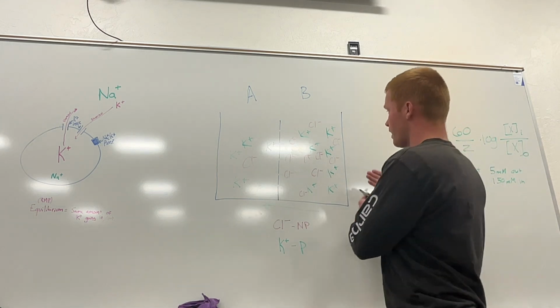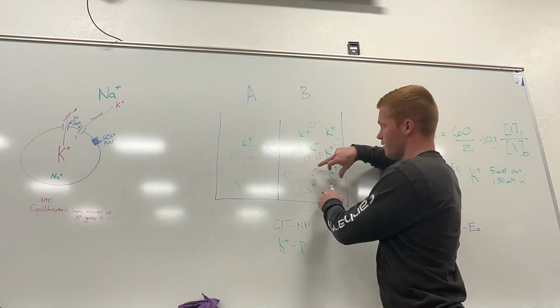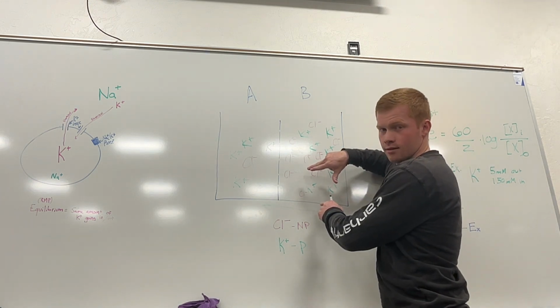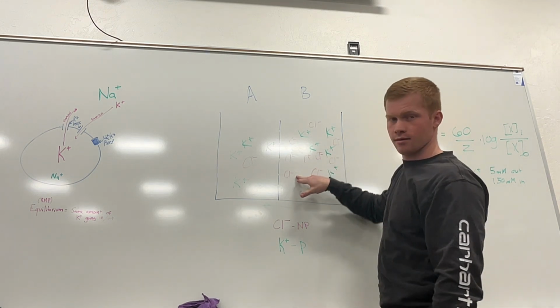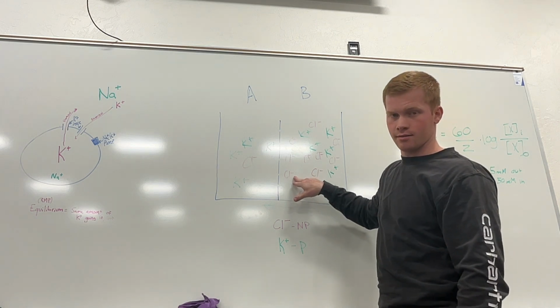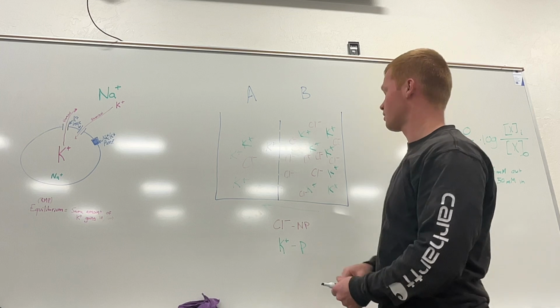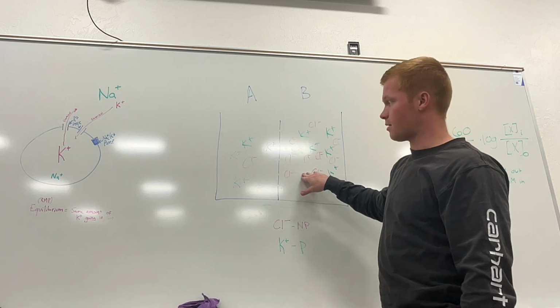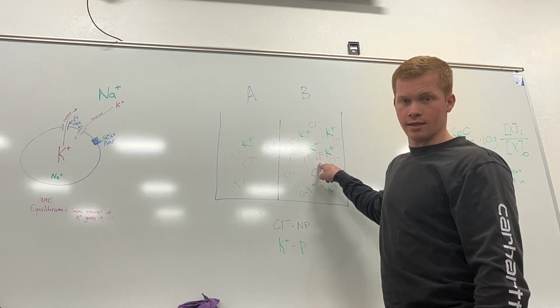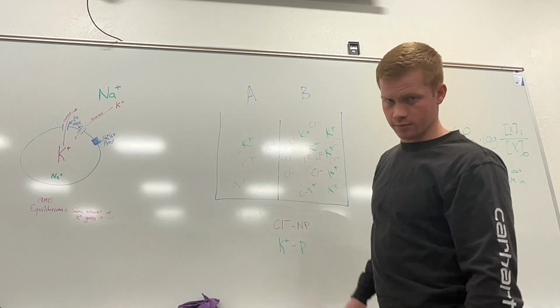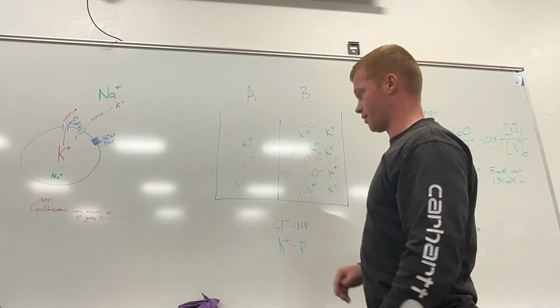But as it moves down, it's leaving the chlorides, which are negative. It's leaving negatives in side B. So slowly, side B is becoming negative over here. This compartment's becoming negative altogether.